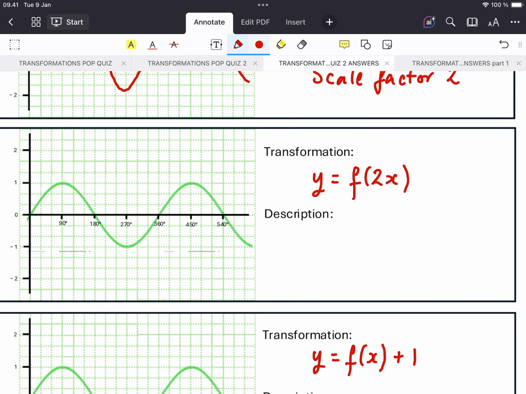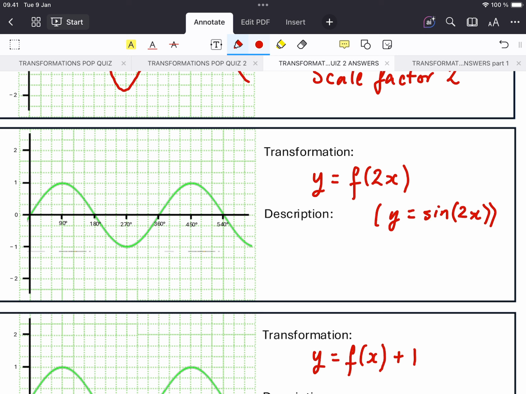Okay, the next function is y equals f of 2x. So this is where you do something to the x before you apply the function. In this particular case, it would be y equals sine of 2x. You can go ahead and graph this on GeoGebra if you like.